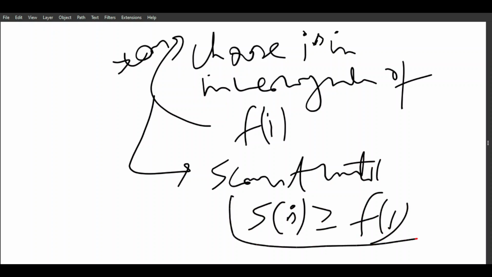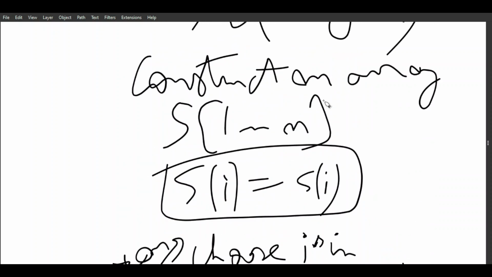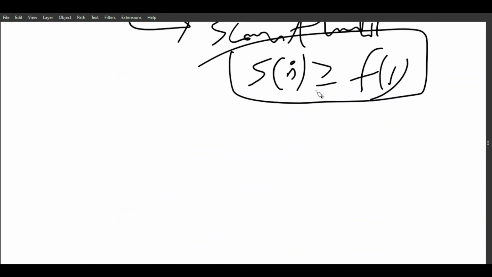So once we take the first interval, simply scan the array until we get an Sj value at least F1, so that all conflicts are removed. Again, we repeat the same process again and again. So we have to scan the entire array only once. So the total time complexity is.